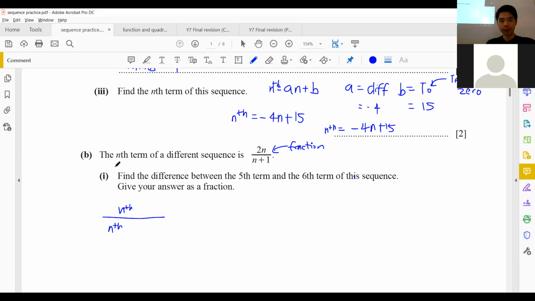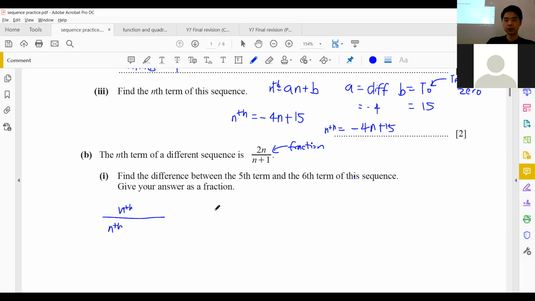Now this question, they're asking you to find the difference between the 5th term and the 6th term of this sequence. Similarly, like what we're used to doing, first we're going to substitute 5 into this formula, and then substitute 6 into this formula to find the difference.